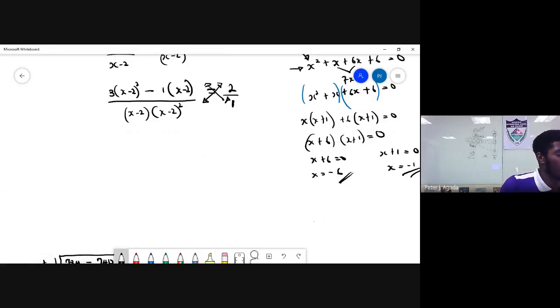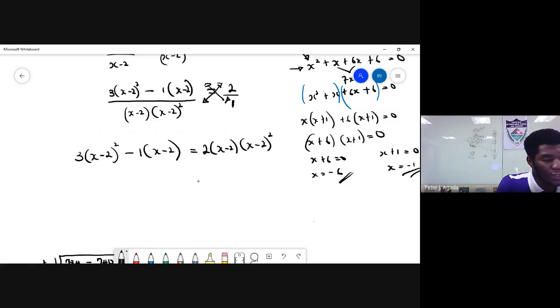So right now let's expand, so we can have 3 times x minus 2 squared minus 1 times x minus 2 is equal to 2 multiplied by x minus 2, 1 at the bottom, and x minus 2 squared.